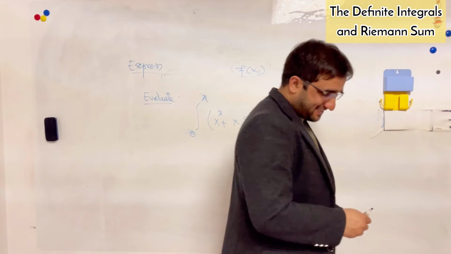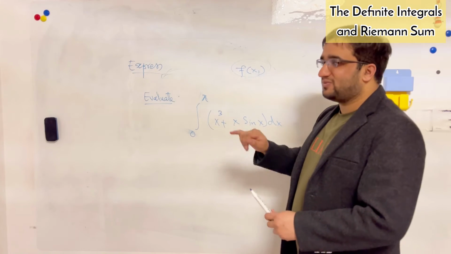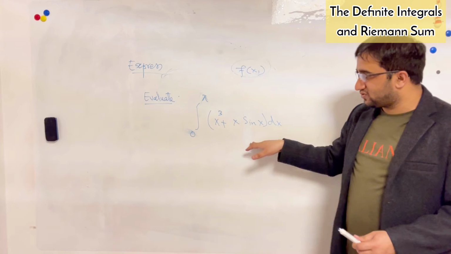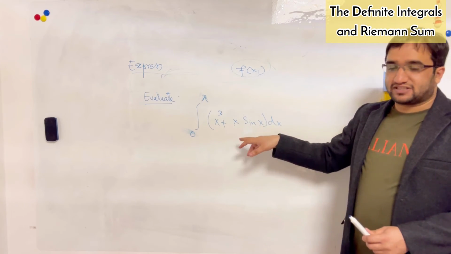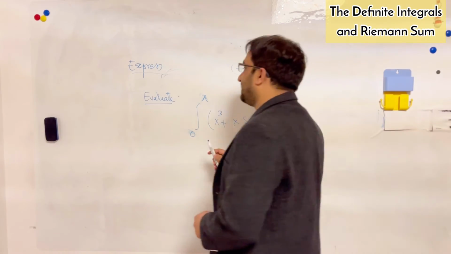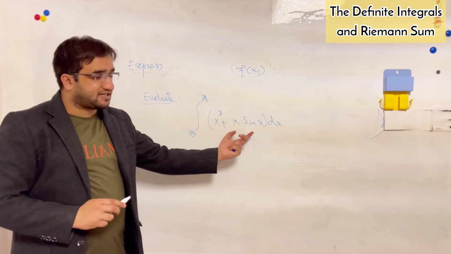What will you do? No, this is the integral form, and you don't know how to solve this integral. But you know an equivalent thing which you can solve, so we convert it into that form first. So first you have to give me the Riemann sum form of this.